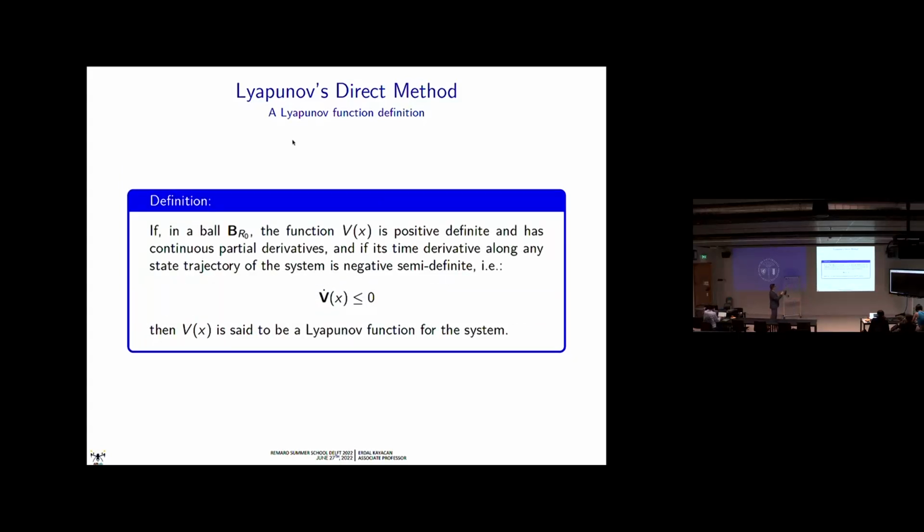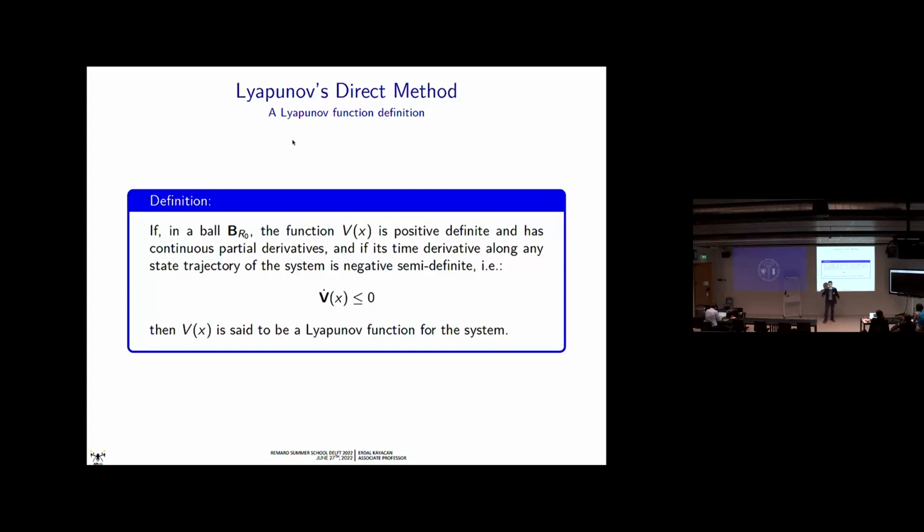So another definition is, if in a ball B_R0, I say ball, but it's just a set, let's say also a local invariant set, in this ball the function V is positive definite and has continuous partial derivatives, and its time derivative along any state trajectory of the system is negative semi-definite, then V(x) is said to be a Lyapunov function for the system.